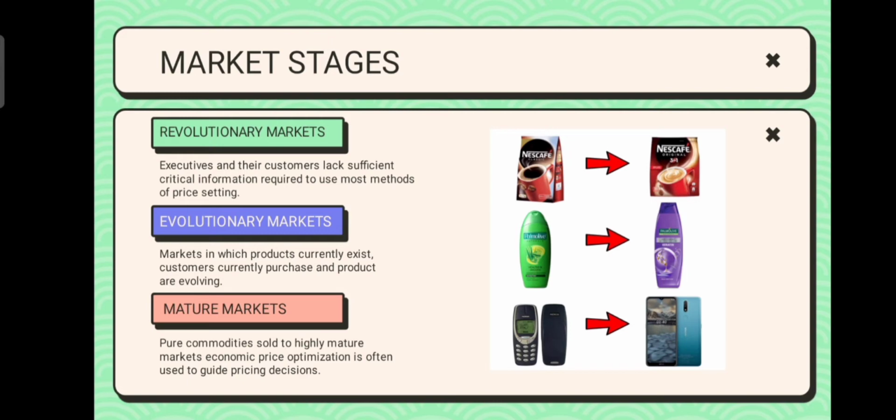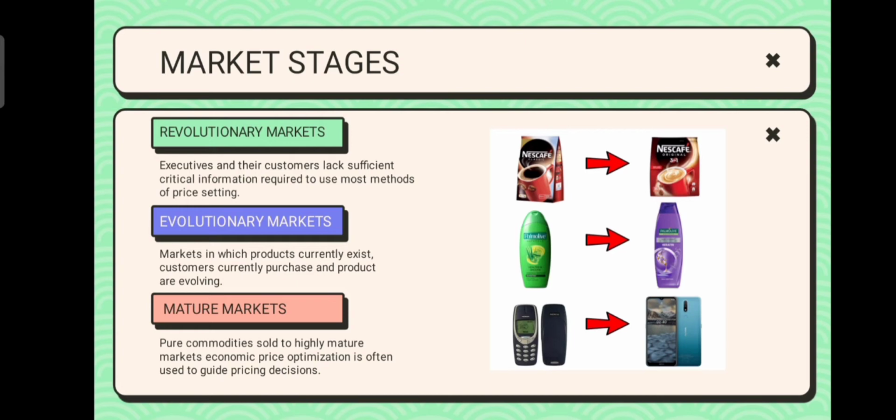Examples are coffee, from pure coffee to 3-in-1, which has sugar and cream. Shampoo, from natural shampoo to keratin shampoo. Cell phones, from keypads without cameras to touchscreens with cameras and other features.